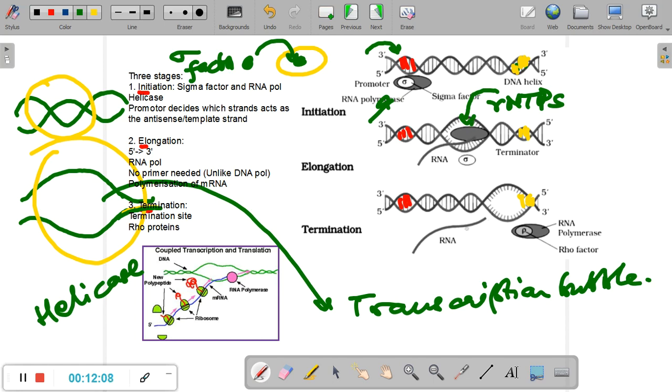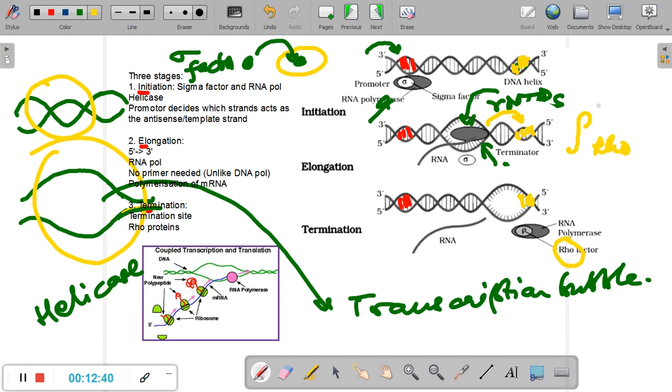And now once the RNA molecule is made, this particular structure, the RNA polymerase, reaches the end. It reaches this particular spot here. This region is known as the terminator region. It reaches the terminator region. Let me just repaint it a bit. So once the RNA polymerase reaches the terminator region, there is another protein called the Rho protein.